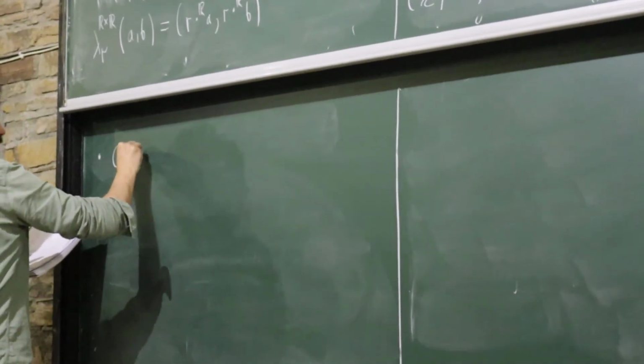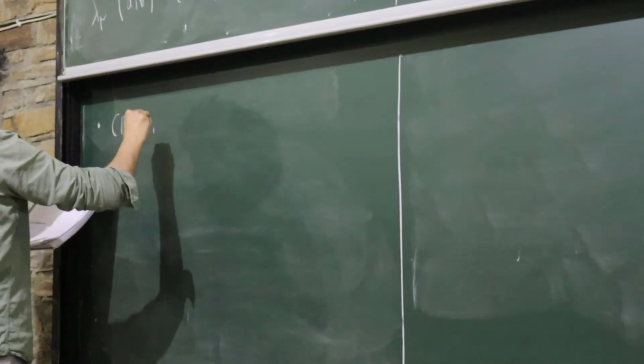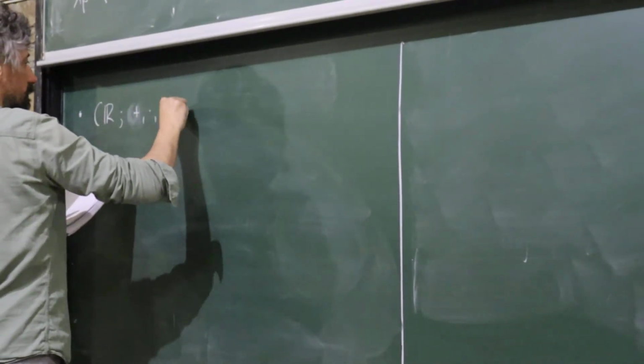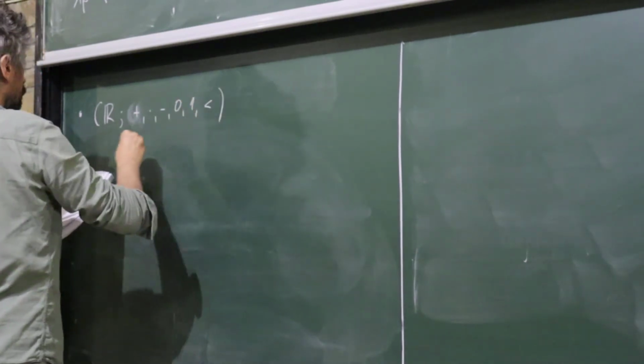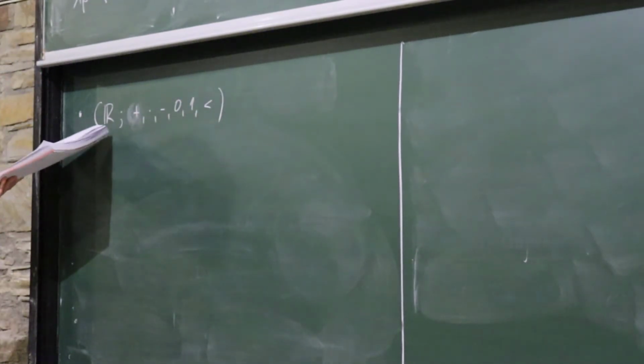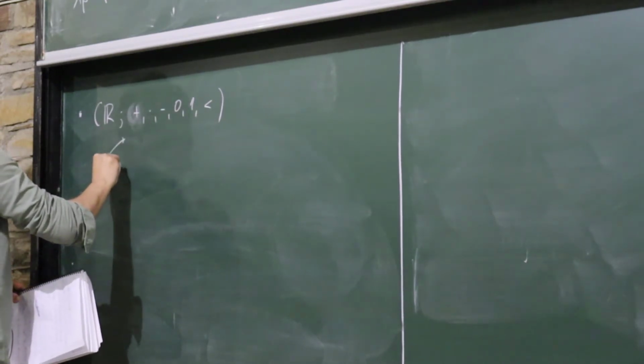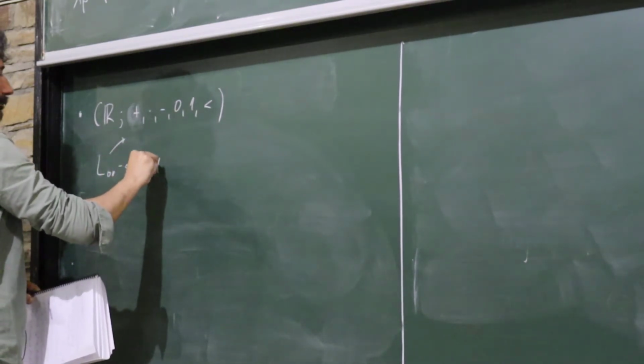So this, yes, R is an ordered ring. So this is an R_OR structure.